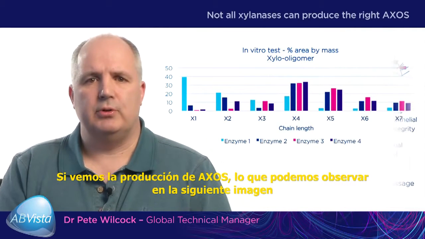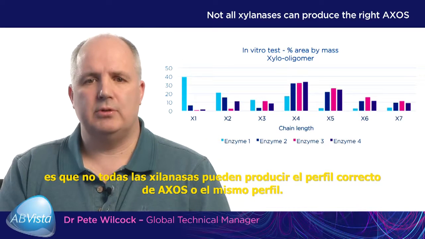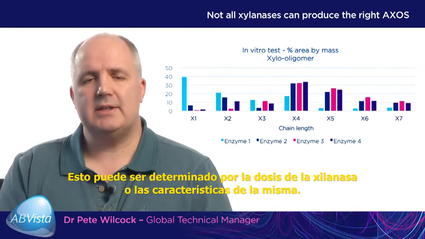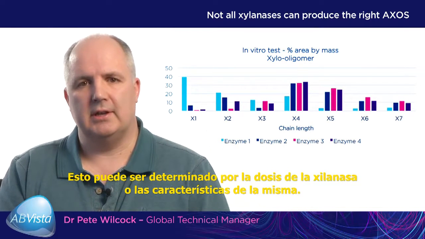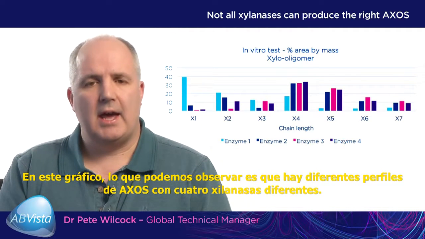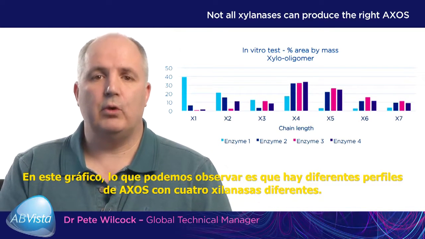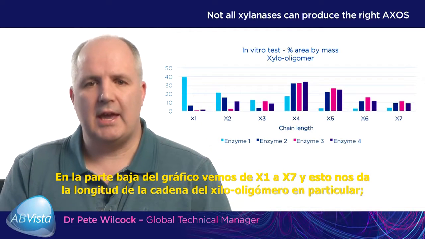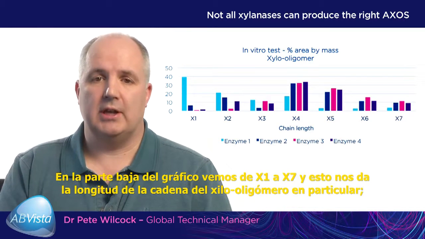If you look at the AXOS production, what we can see from this following visual is that not all Xylanases can produce the same AXOS profile. This can be determined by the dose of the Xylanase or the characteristic of the Xylanase. In this graph, we can see there are different profiles of AXOS with 4 different Xylanases. At the bottom of the graph, you can see X1 to X7, which gives you the chain length of the particular xylo-oligomer.